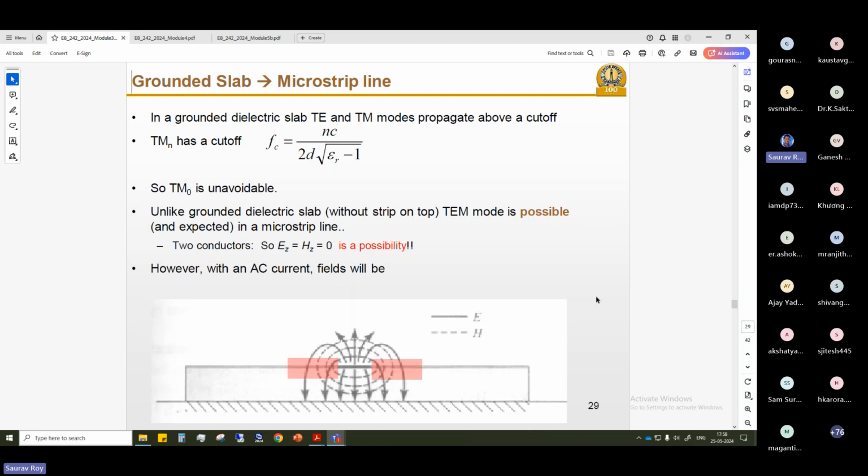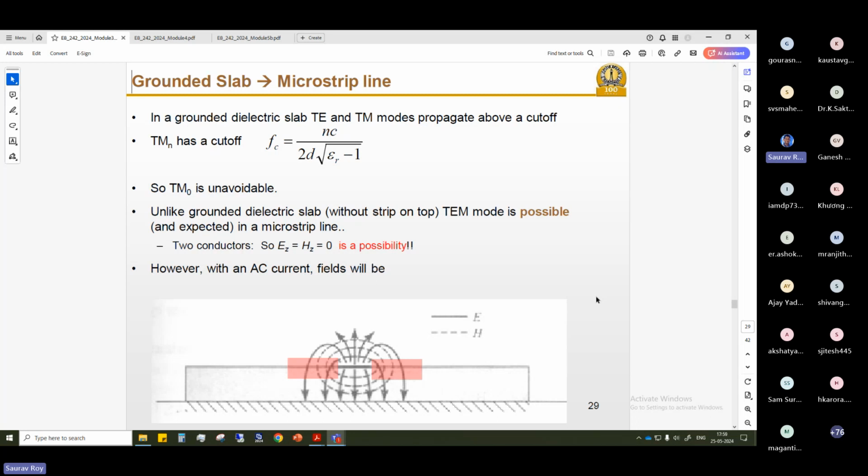Because the wave has to propagate. In which mode it will propagate depends on the configuration. So now TE and TM modes are possible in normal waveguide. But in two conductor lines, like our coaxial line or microstrip line, TEM is possible, theoretically.